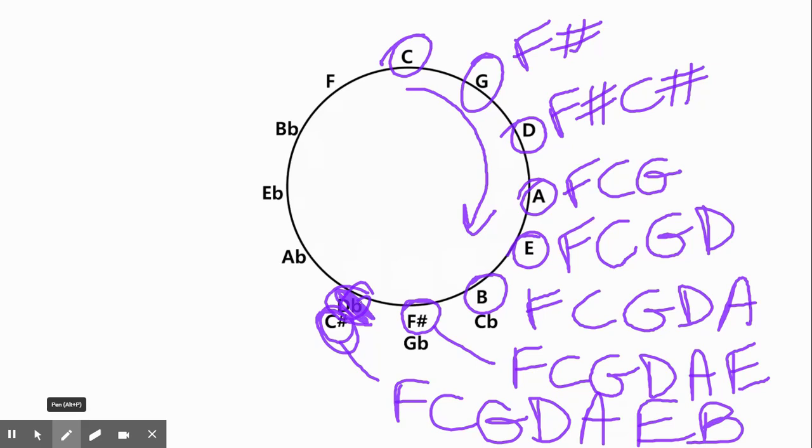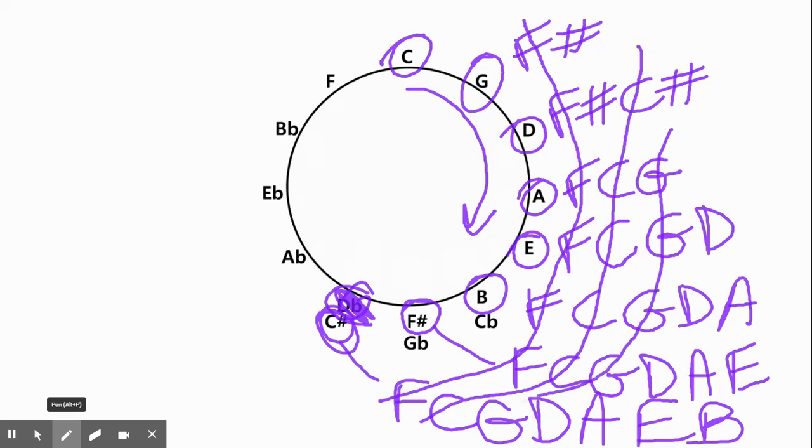So if you notice, once F is sharped, it stays in all the other keys that have sharps. Once C is sharped, it stays in all the other keys that have sharps. Once G is sharped, and so on and so on and so forth. And if you will also notice, they go in exactly the same order, and I'll be talking about that in a minute.